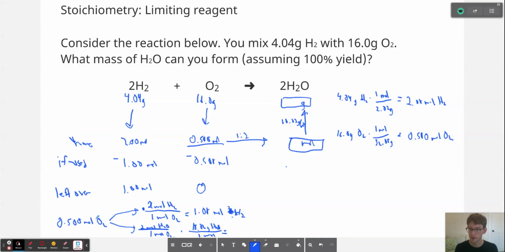And what I end up with is 0.5 times 2 is 1, divided by 1 is 1, times 18.02 over 1 is 18.02 grams. But actually, I've got to round it to 3 sig figs, so we get 18.0 grams of H2O that is produced.